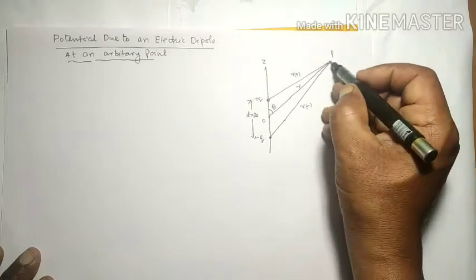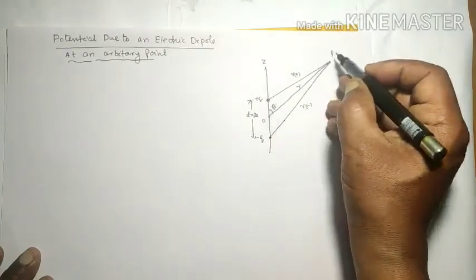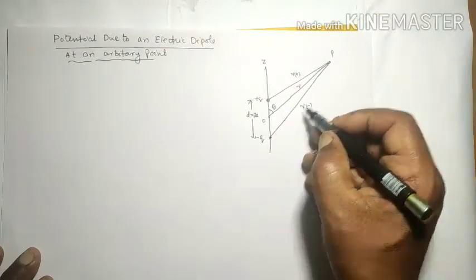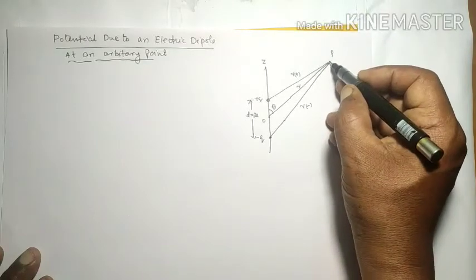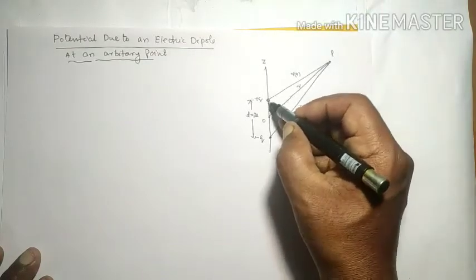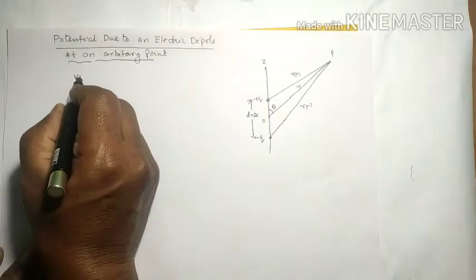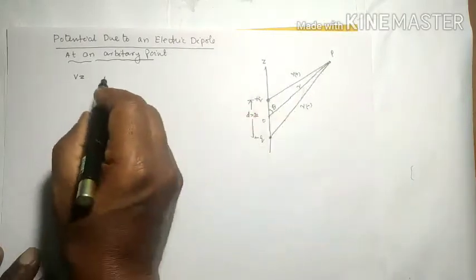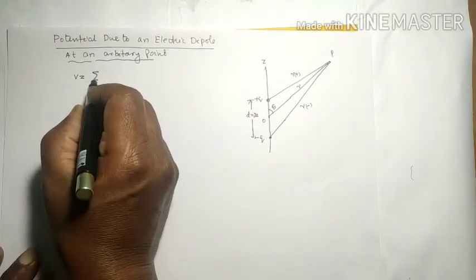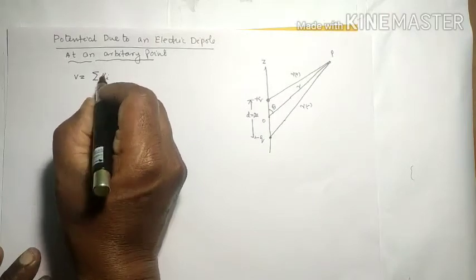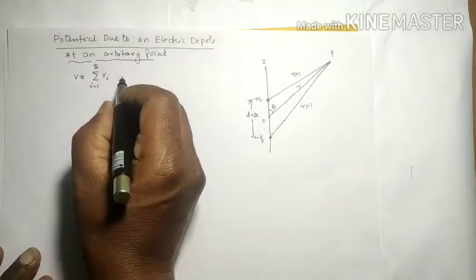Now potential at P due to plus q is V plus, and potential at P due to charge minus q is V minus. So net potential at P due to plus q and minus q is V equal to V plus plus V minus. Using the principle of superposition we can write it like this, for two charges.